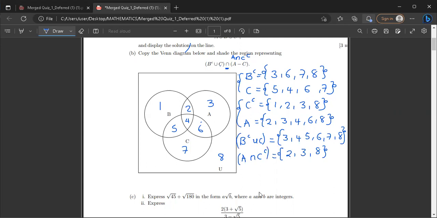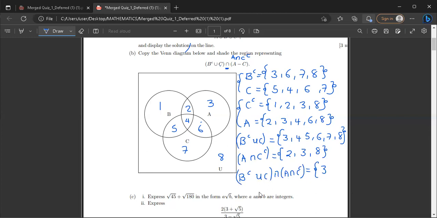We have a 3 that is there and is here. So in the intersection set, we're going to have 3. Do we have any other number? Do we have a 2 in here? No. Do we have 8? It's there, isn't it? 8 is found in both of them.